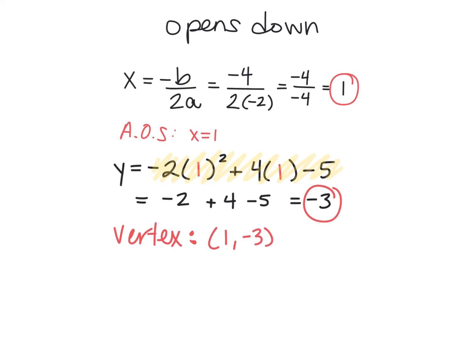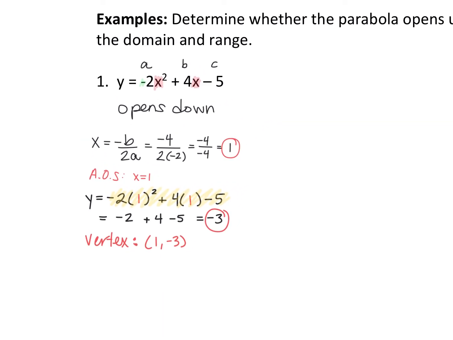So we're going to draw a little picture, because it's asking us also for the domain and range and the axis of symmetry. So axis of symmetry is 1. That's your x value of your vertex. It opens down, so we'll draw a little picture. Opens down, your vertex is at the top at 1, -3.